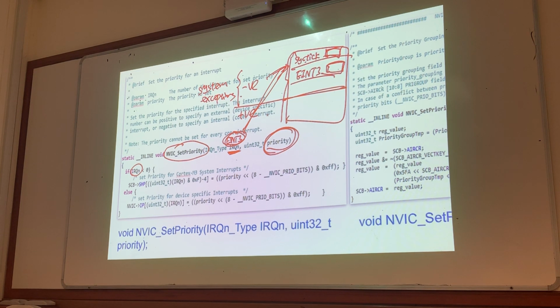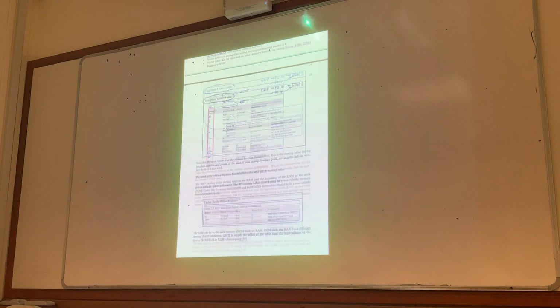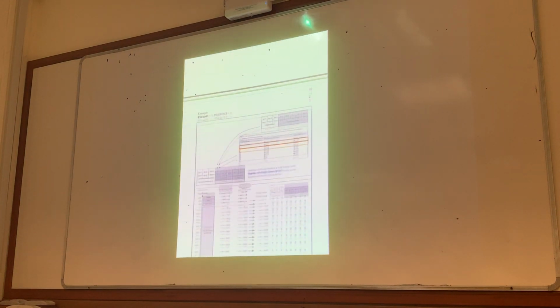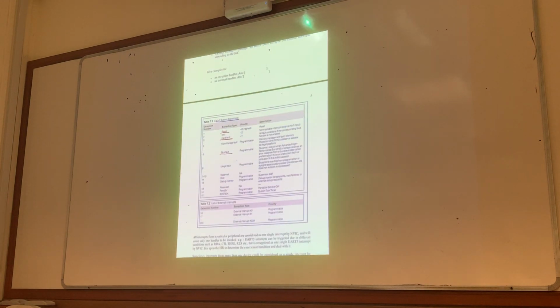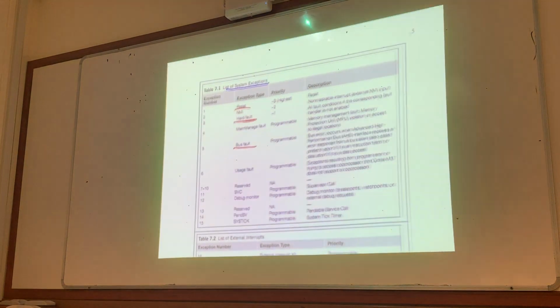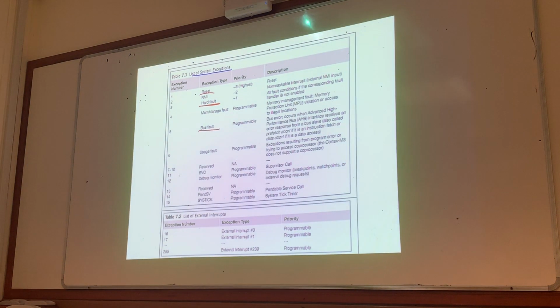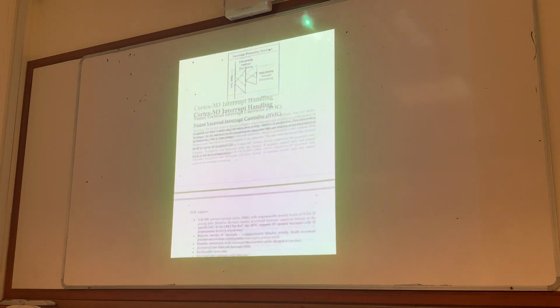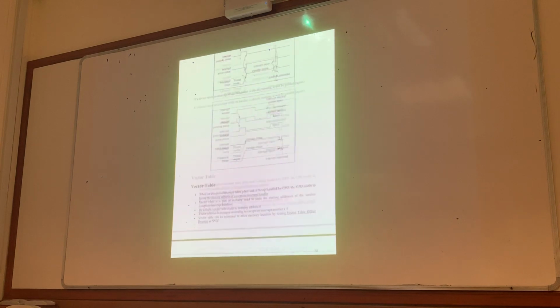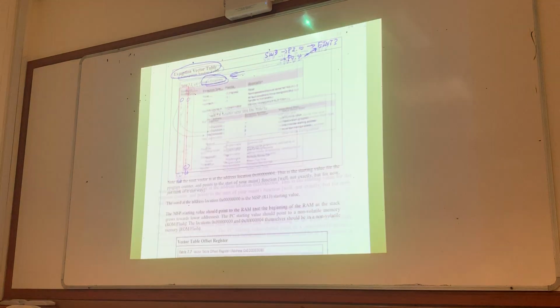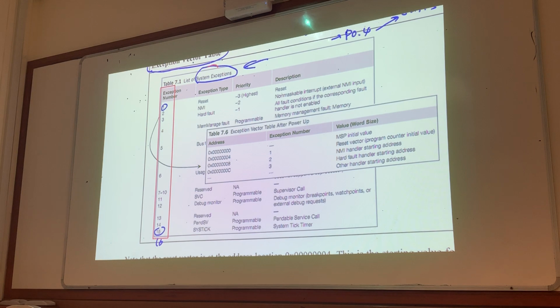If I show you the lecture notes, where's my system exception? Let me see, there's another table. Maybe this one. If you look at this table, these are the system exceptions.